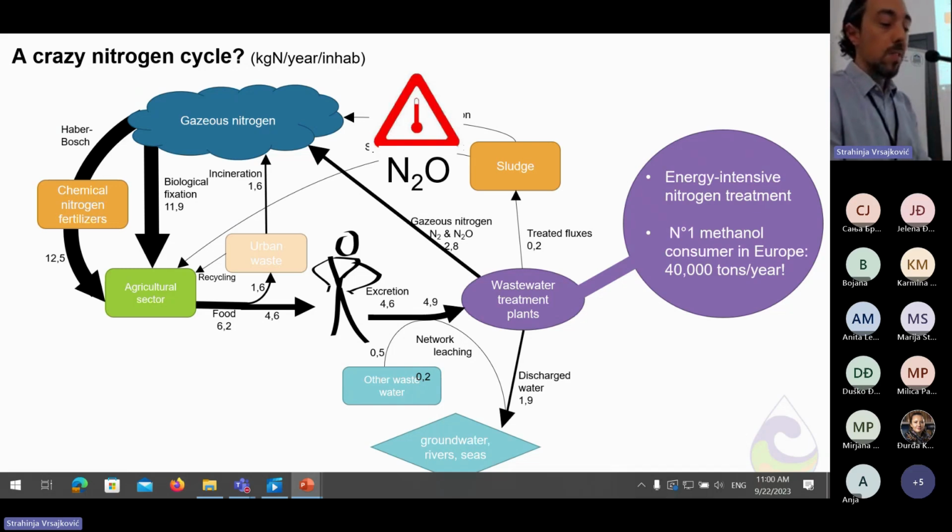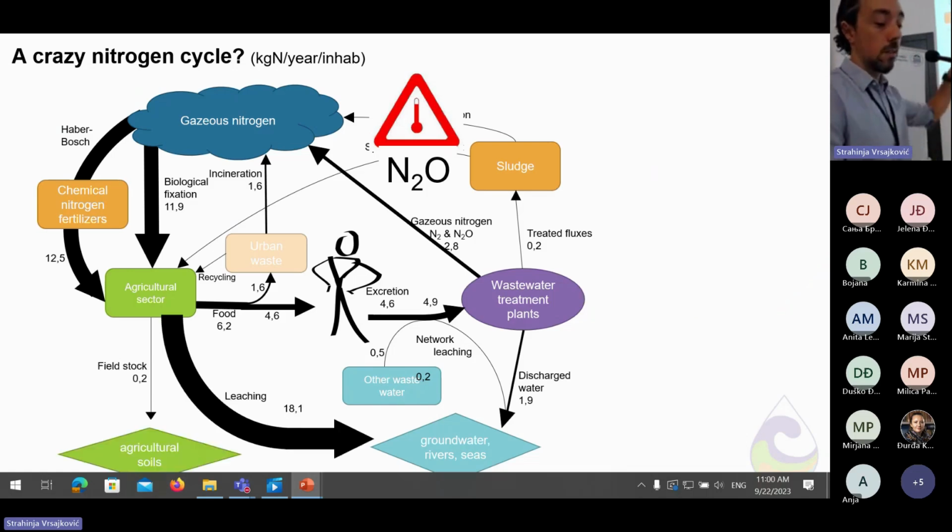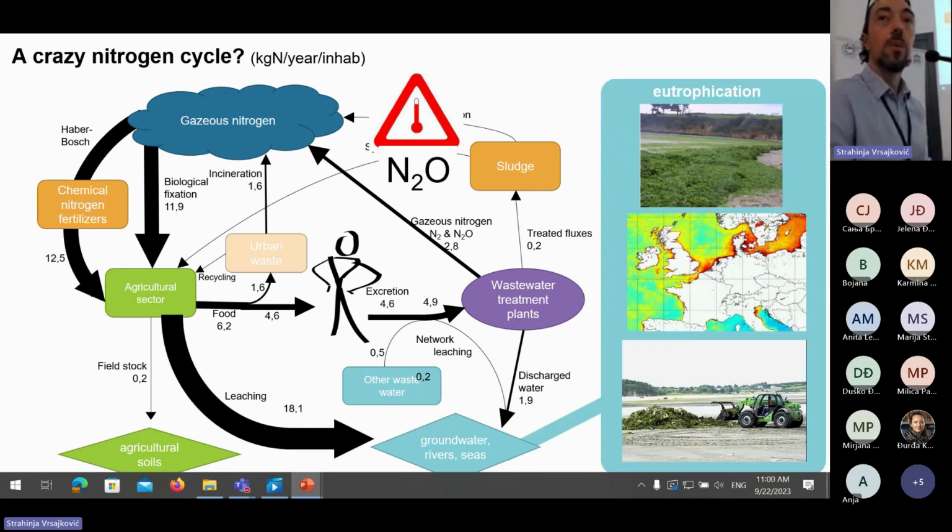But the main problem is that nitrogen coming from chemical fertilizers is mostly lost through leaching, and goes directly to groundwaters and the rivers. And this impacts the rivers a lot because, as you may know, this leads to the development of algae through eutrophication, and it's a big problem anywhere in the world.